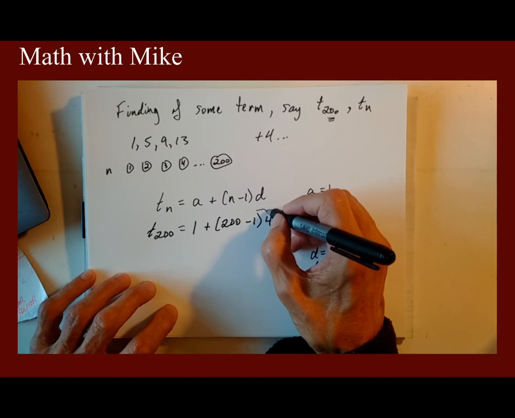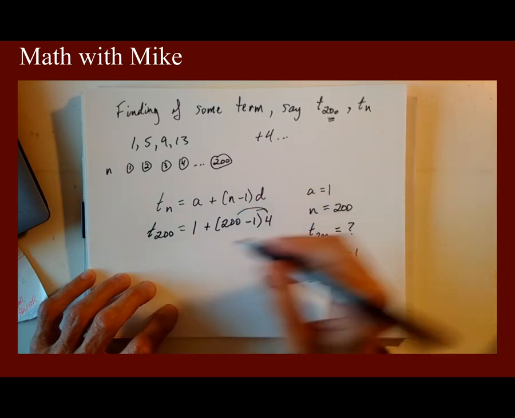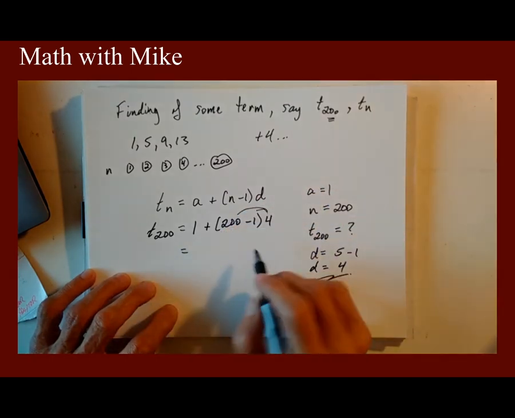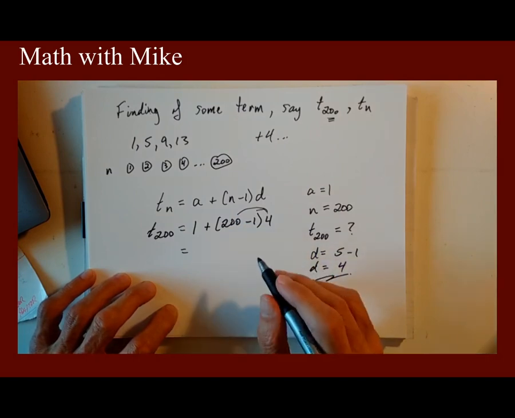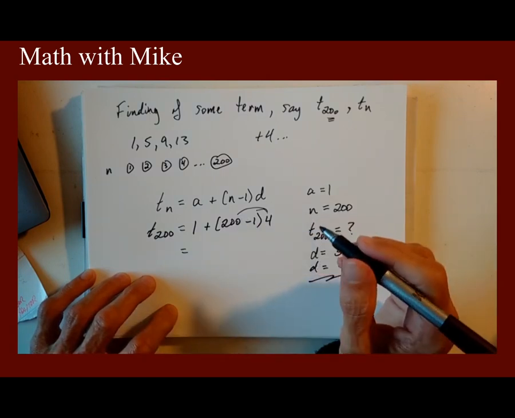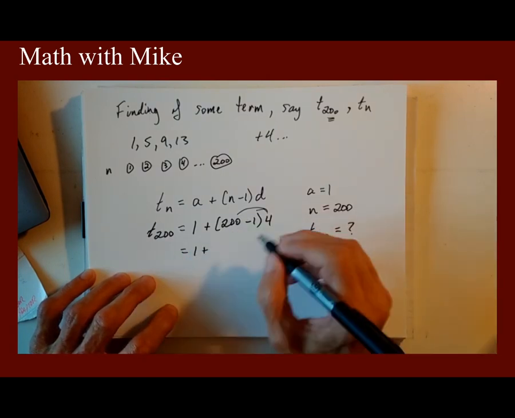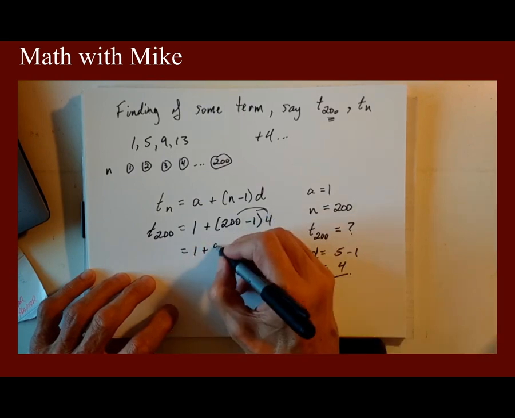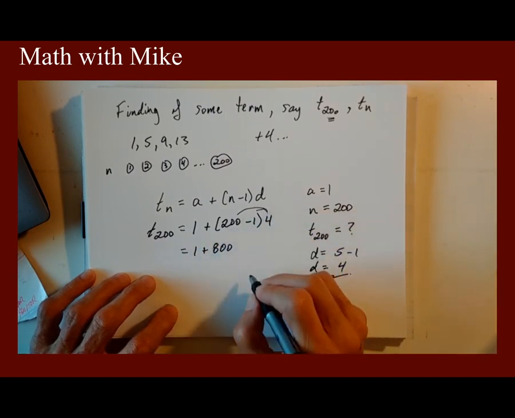So 4 times minus 1 and 4 times 200. This makes the numbers a little easier than going 4 times 199, which is 400, and then plus 9, which is 316, and blah, blah. Just too difficult, at least for my brain right now. So I got a 1. I got a 4 times a 2, which is an 8. Throw in a couple of zeros.